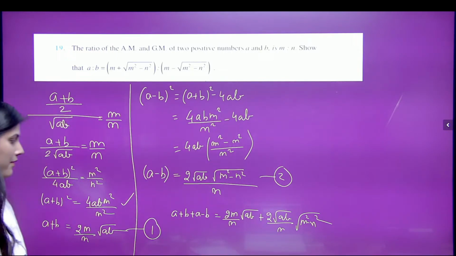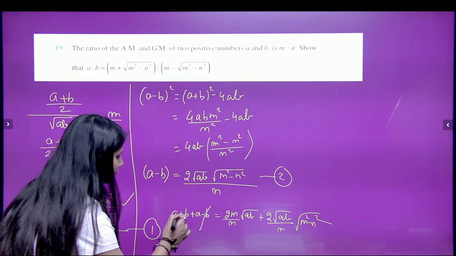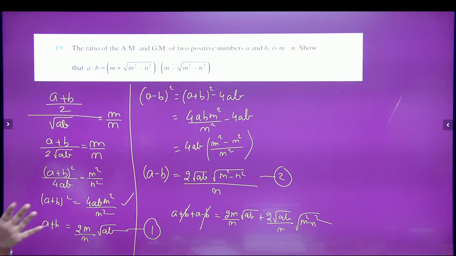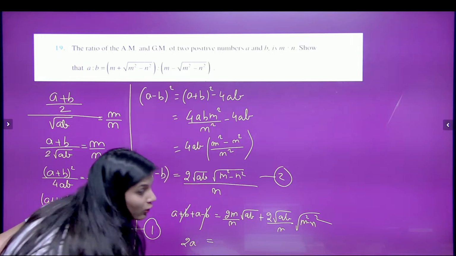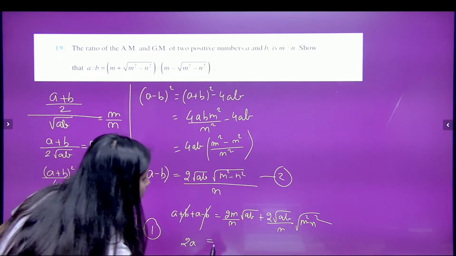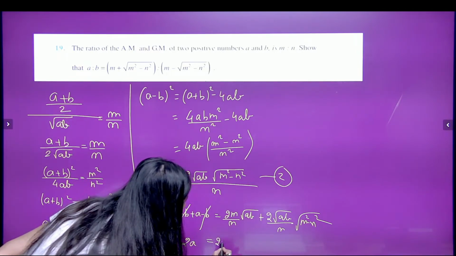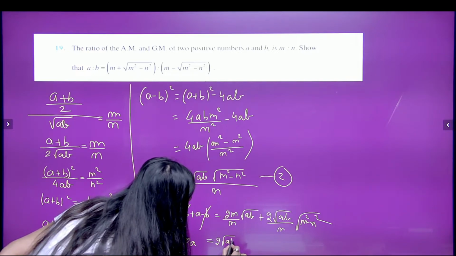This will give 2A equal to something, and I am taking 2 root AB common.